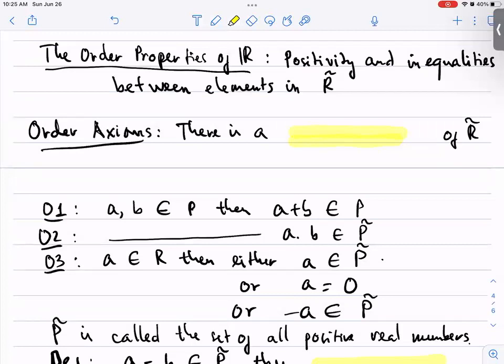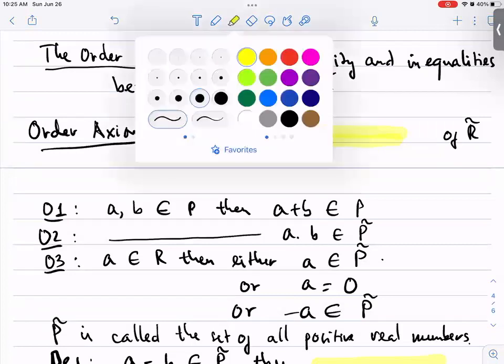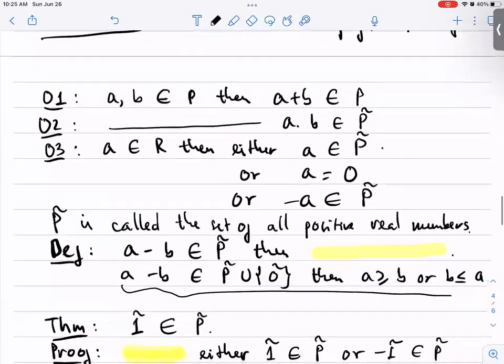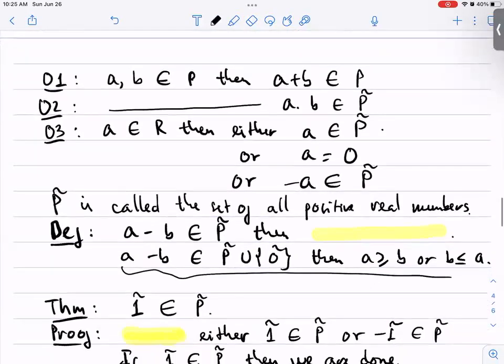The order axiom says the following: there is a non-empty set denoted by P, which is a subset of the set of real numbers that satisfies several properties.